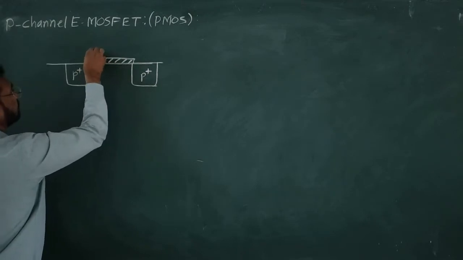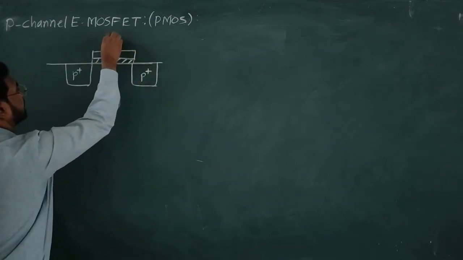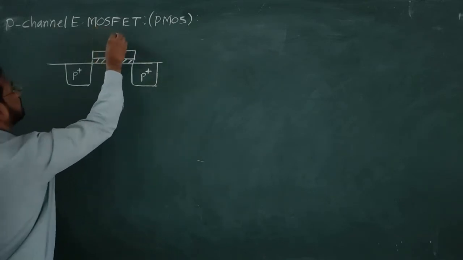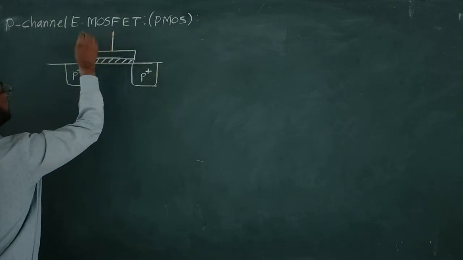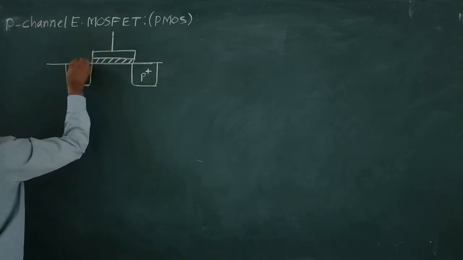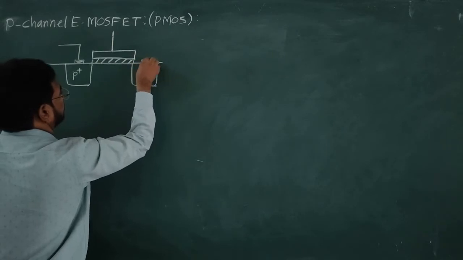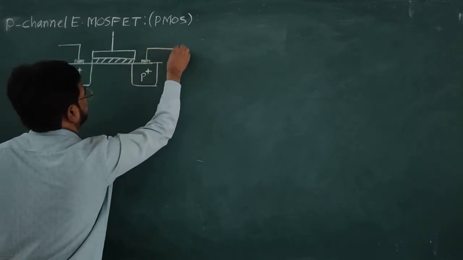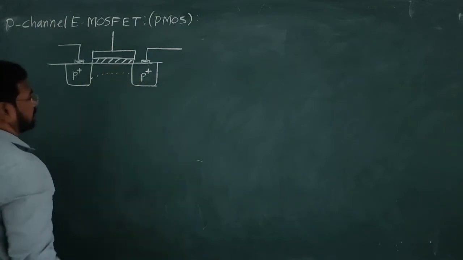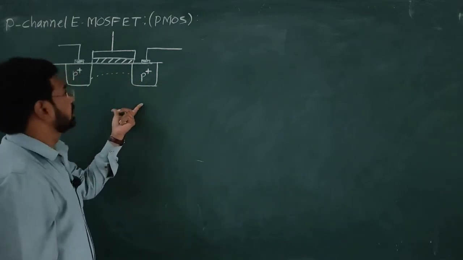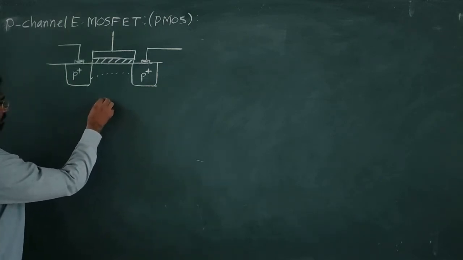Oxide layer, already we have studied the thickness of this oxide layer, the width and the channel. So, it is the gate and it is the source, and this terminal is the drain terminal, and here we have channel formation. Okay, the channel will be induced here according to the voltage on the gate. Now, here we have the substrate, P type substrate.